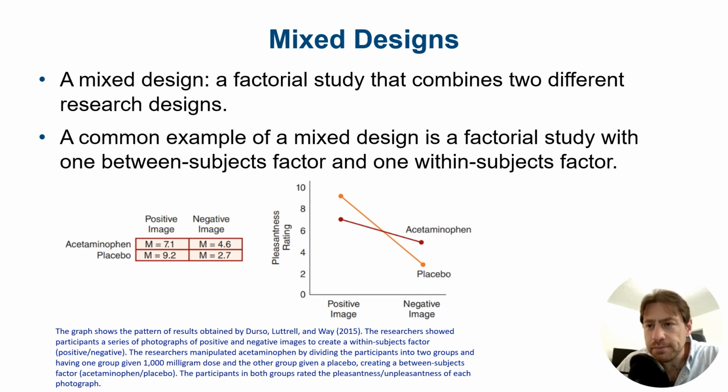So the participants were divided into two separate groups. One received a dose of Tylenol, acetaminophen, and the other received a placebo. So that was the between subjects factor, the type of treatment, either acetaminophen or placebo.